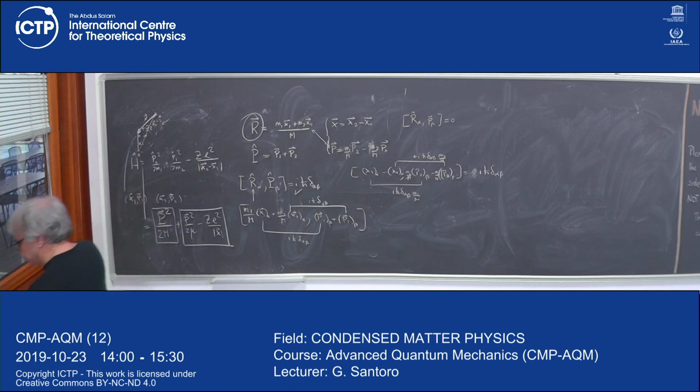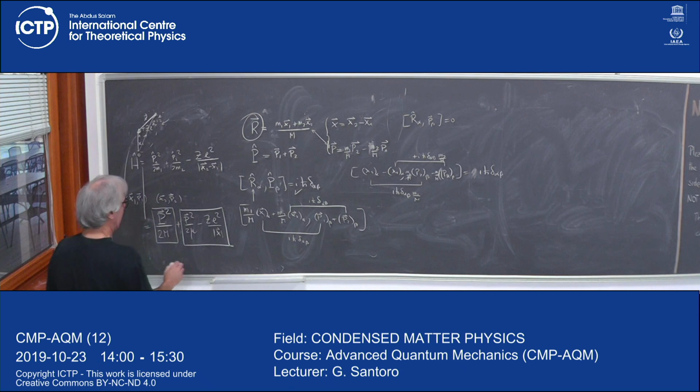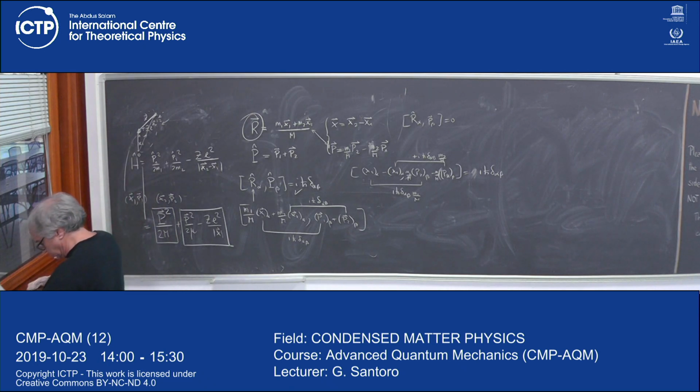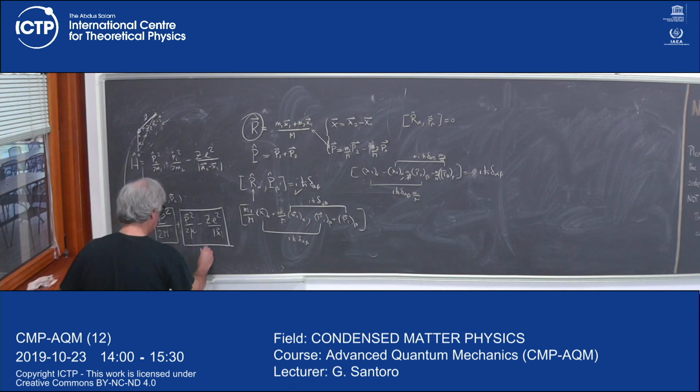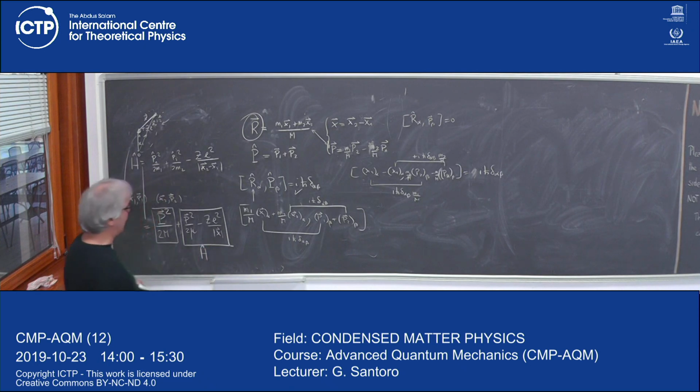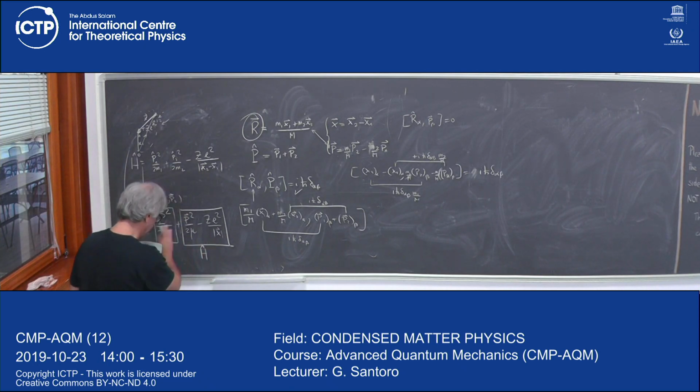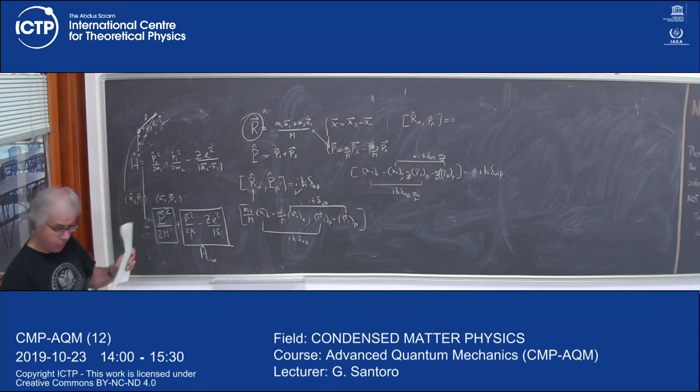So I want to understand what is the wave function of this. So from now on, I will denote this to be the hydrogen atom Hamiltonian. It's evident that I'm forgetting about the center of mass, and this is in principle the relative motion which I look at.